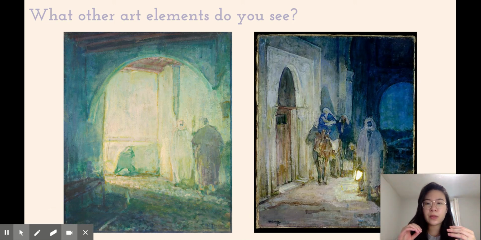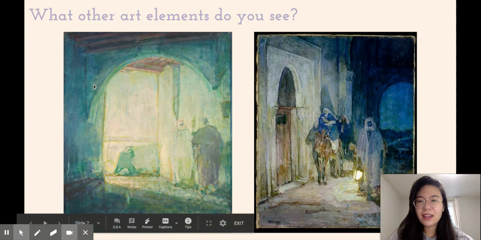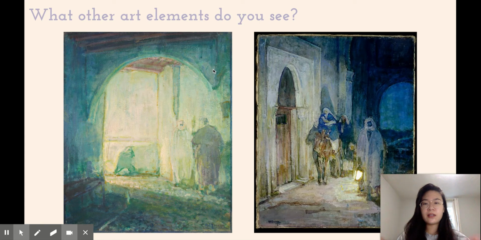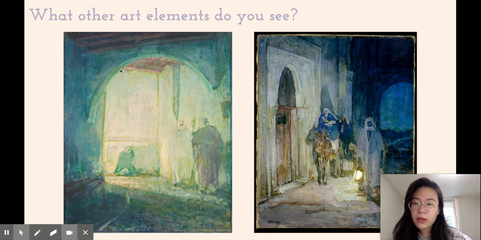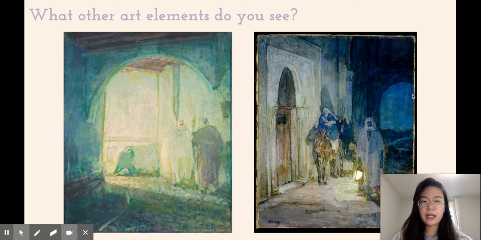There isn't as much overlapping, or even a vanishing point on a horizon line to make linear perspective. In this one on the left, you see darker blues and greens in the front, so that feels closer to us. You can see that light is coming from the back because this arch cuts off that wall. So there's a bit of space going on, and the same thing is happening on the right, but with light color in the front and dark in the back.